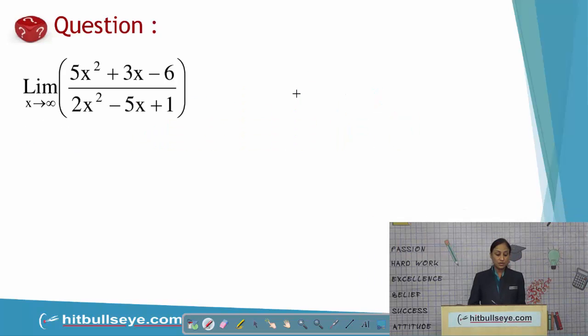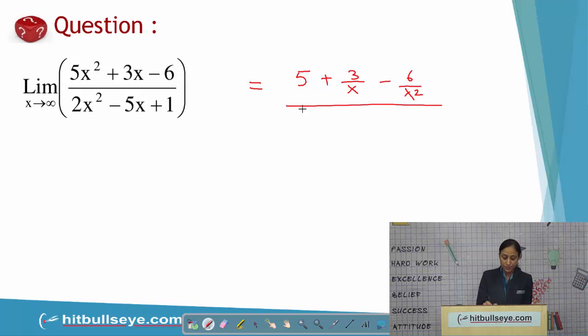This is a rational polynomial question, so we first of all divide the numerator and denominator by the highest power of x present in our question, which is x square here. So I divide the numerator by x square and the denominator also by x square, which will give me this in the numerator, and in the denominator I'll have 2 minus 5 by x plus 1 upon x square, limit x approaches infinity.